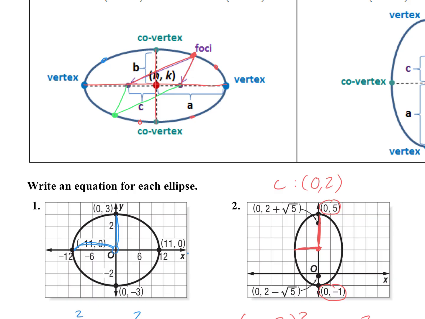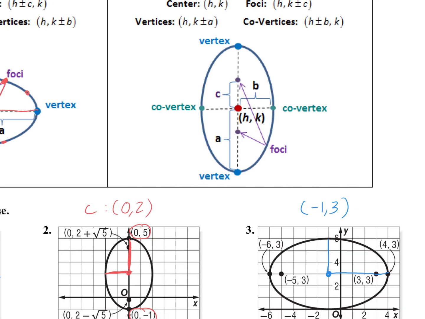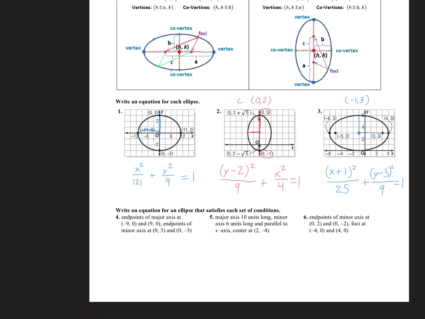So the shorter one is the minor axis and the longer one is the major axis. So going over here, notice the vertical one is longer. So on this one, our major axis is that vertical line segment and our minor axis is that horizontal shorter line segment.